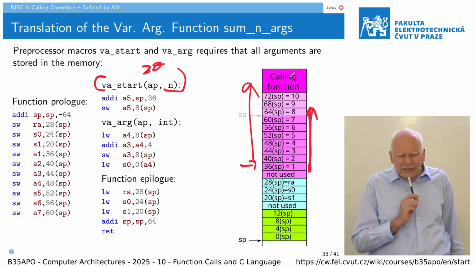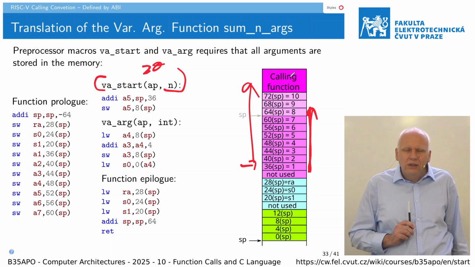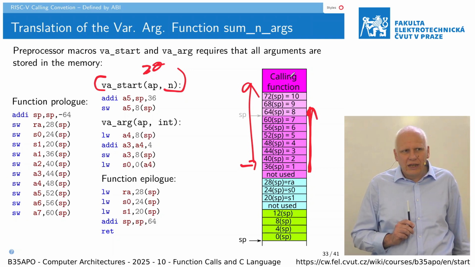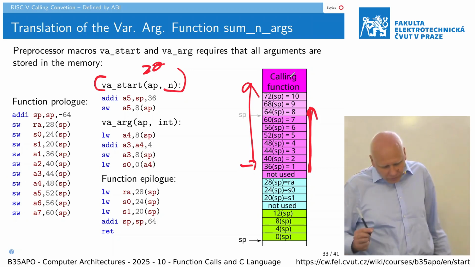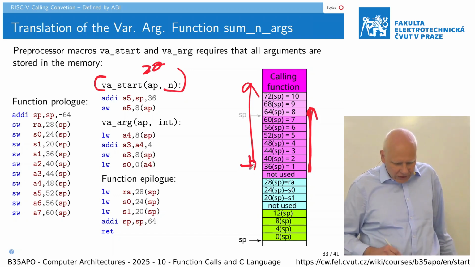For x86 it is a little more complex, so it is necessary to have at least the prototype. If you do not have the prototype for the function, then it needs to add unnecessary additional information to the register, I think AL. So it is better to have the prototype for functions anyway.